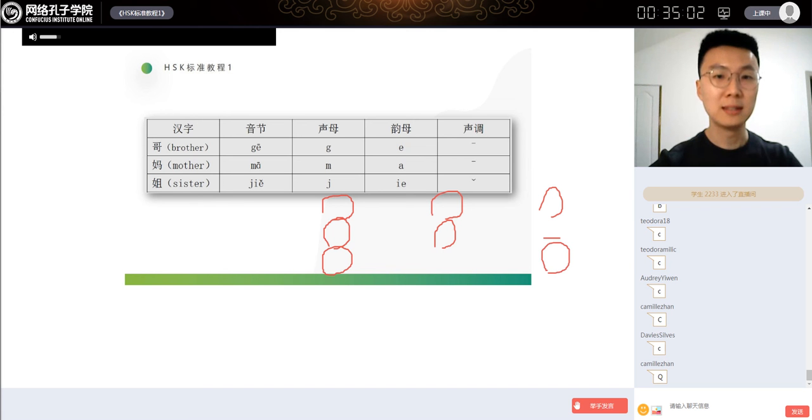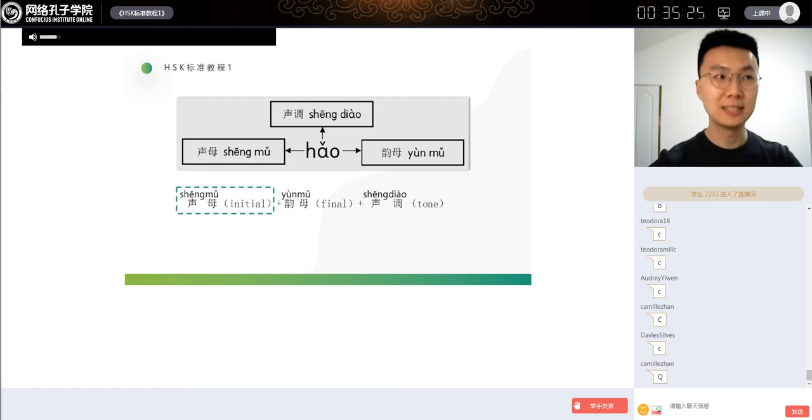It should be the third tone, right? So let's put them together. Try to read it. 姐. 姐姐, it means older sister. 姐姐. Okay, this is pinyin we learned today.